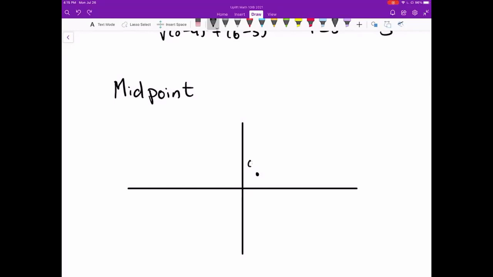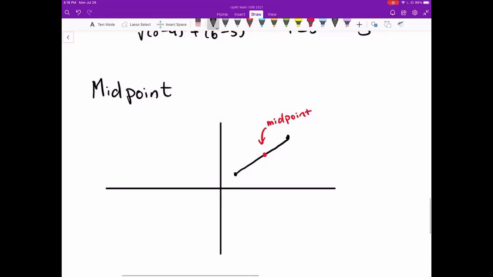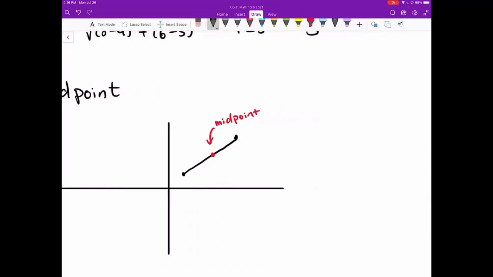So here and here, and then we draw a line between the 2 points. We can think of the midpoint as the point in the center of that line, the halfway distance between the 2 points. So as Alex said, to figure out the midpoint, we calculate the average between the 2 x's and the average between the 2 y's.